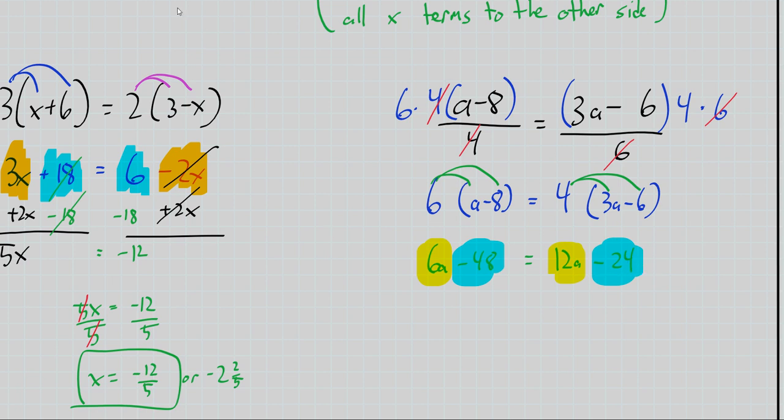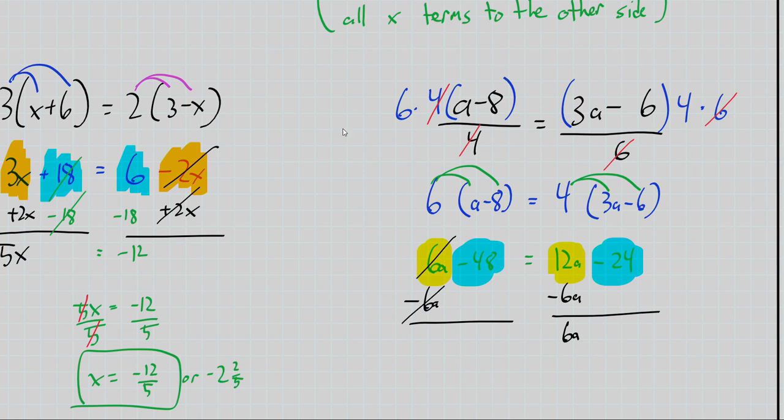So I will. For the like terms, I've got 12 a's on the right and 6 a's on the left. I'm going to go over to, and this is a terrible way to say it, but the winning team, the team that's got more a's on it, is going to have them more positive. I'm going to do that by taking 6 a's away from that side, and the same to this side. 6a minus 6a is nothing. 12a minus 6a is 6a.